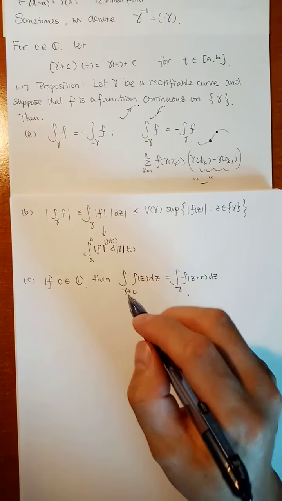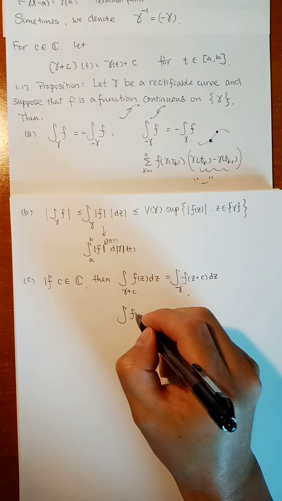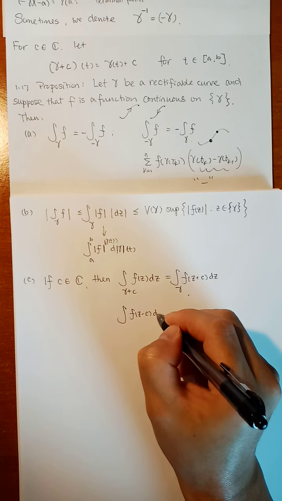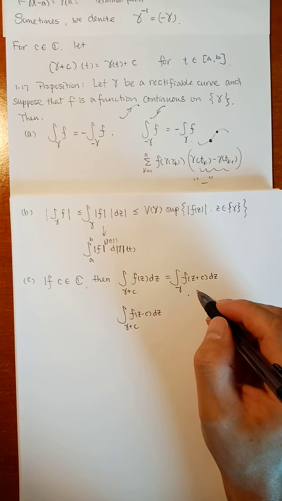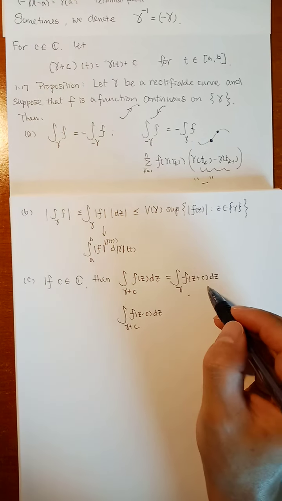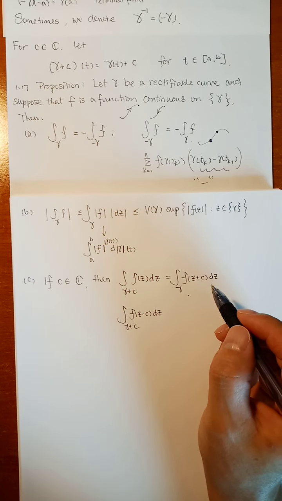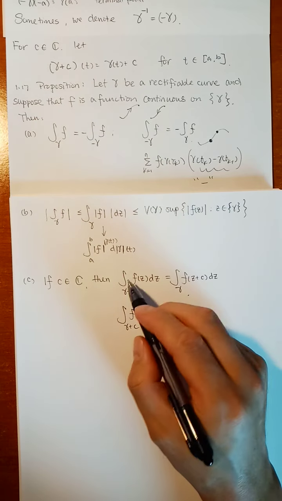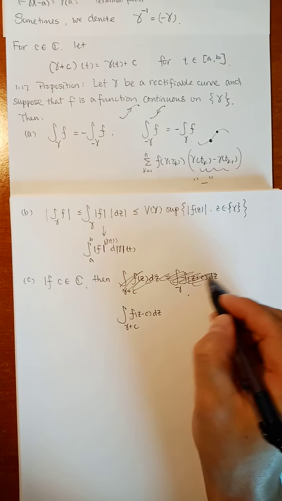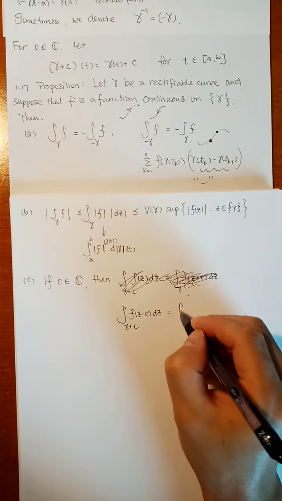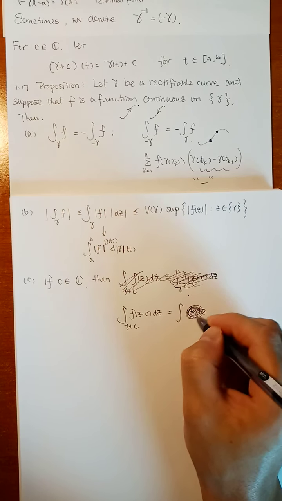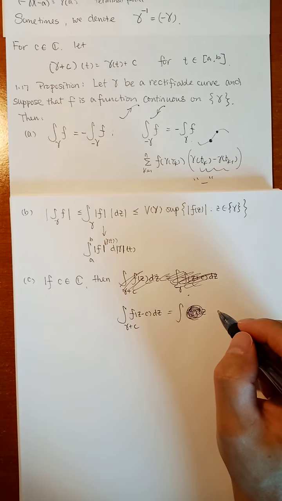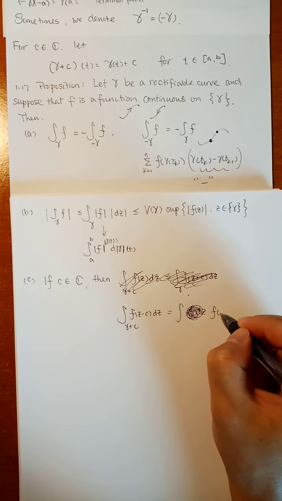In the book, it's written like f of z minus c dz. No, no, no, no. The book is the right one. This is not right. Okay. f of z dz. Yes, f of z dz.